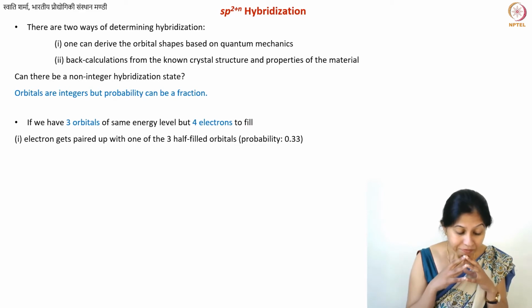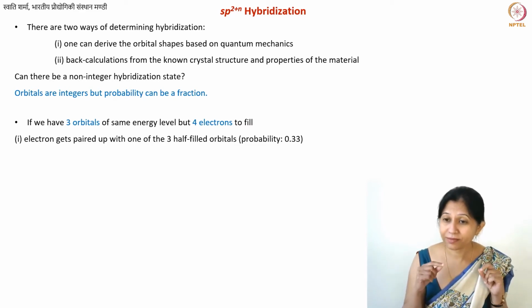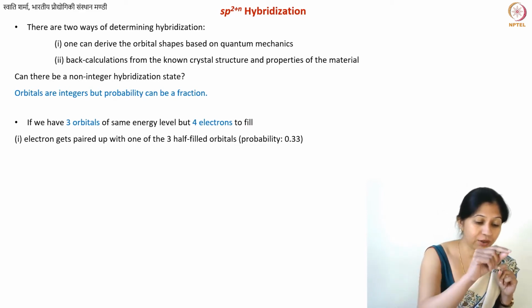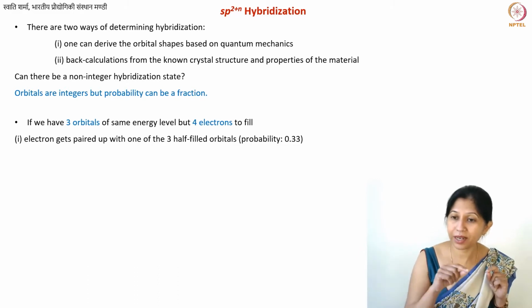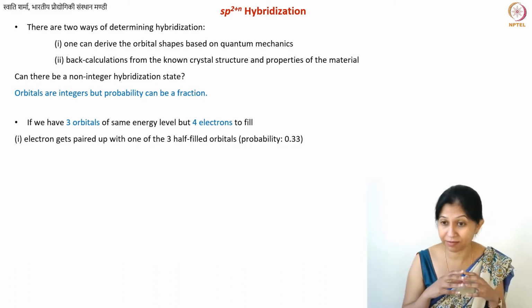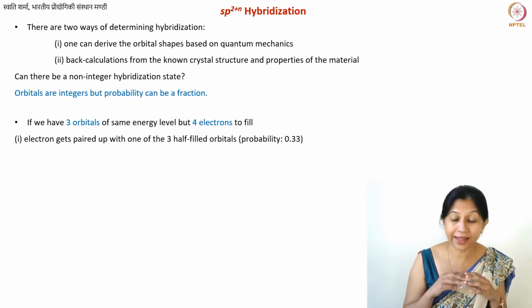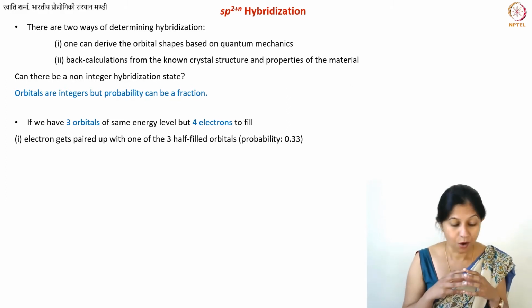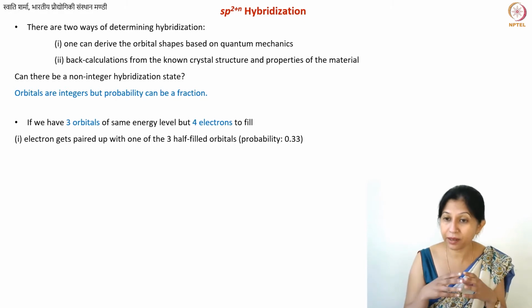Okay, this 4th electron, let's say, can go into one of these 3 orbitals which were half filled till now, and then gets paired up. What would be the probability of this event? 0.33, so 1 by 3.